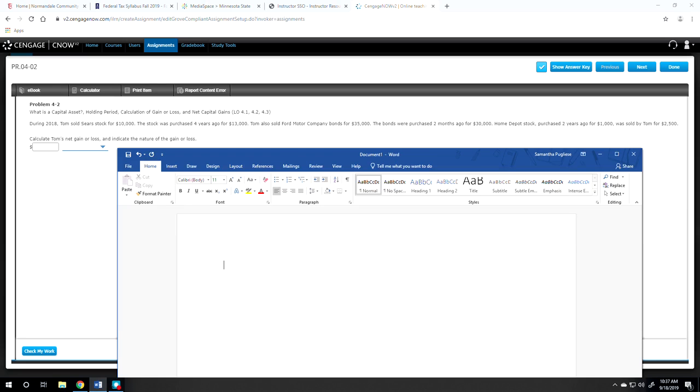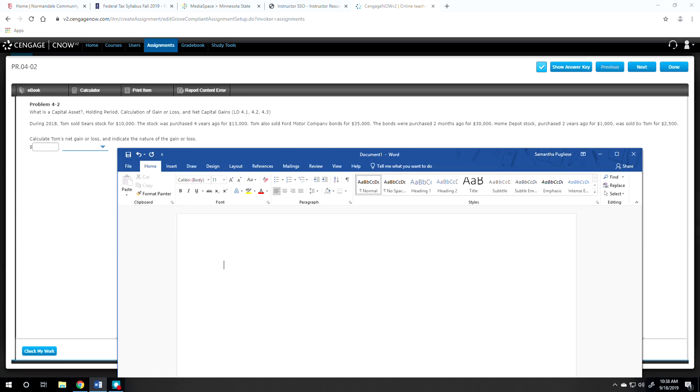First of all, this Sears stock is definitely a long-term hold. The stock was purchased 4 years ago, which is longer than 1 year. So whether there's going to be a gain or a loss, it's definitely going to go in that long-term category. We want to classify everything as either long-term or short-term, calculate gains and losses, and then go through this process of netting things together to get to the answer.